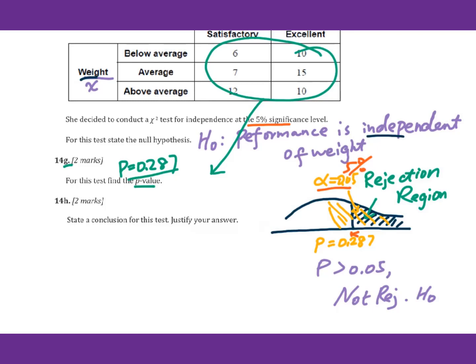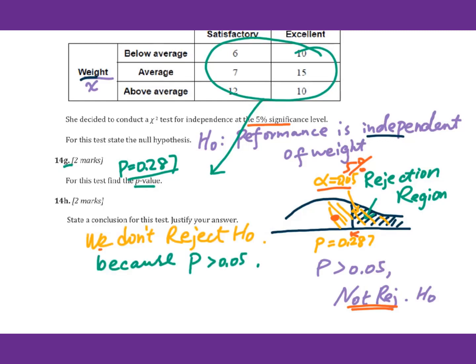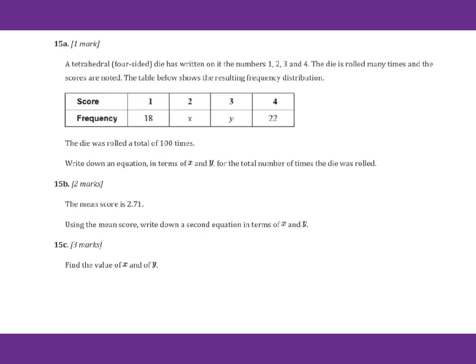In other words, it will fall in the non-rejection region. So we won't reject the null hypothesis, H0. Here's the conclusion. We don't reject H0 because p is greater than significance level 0.05.